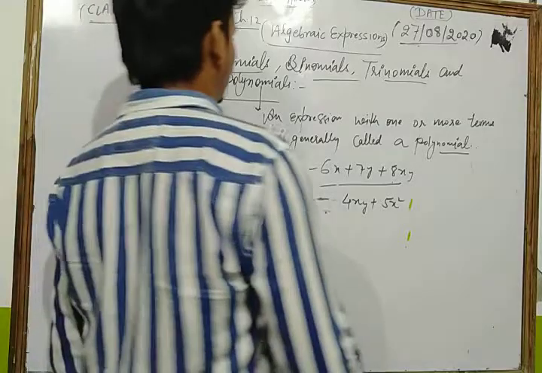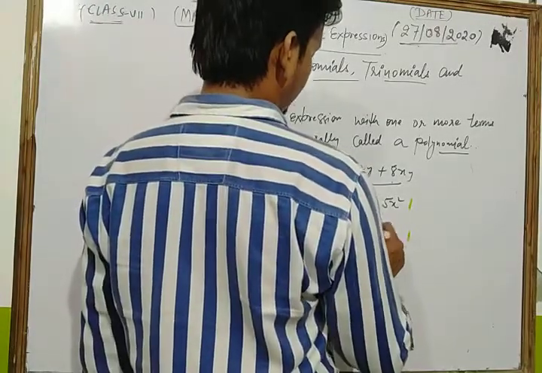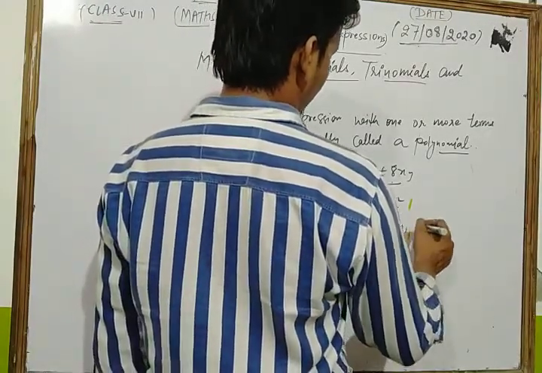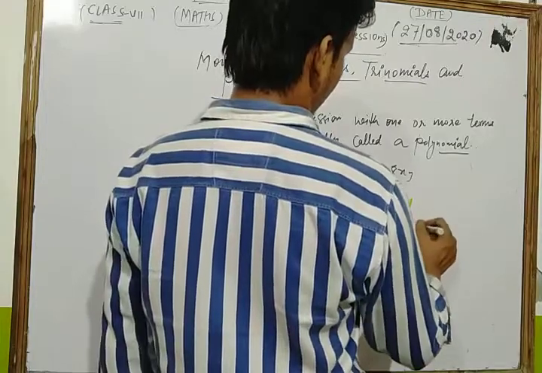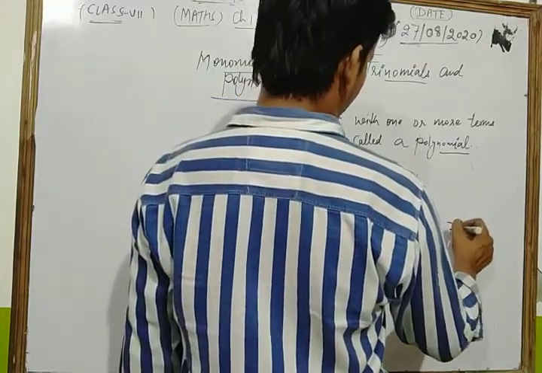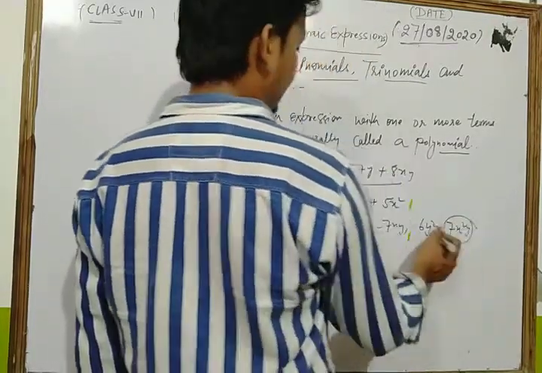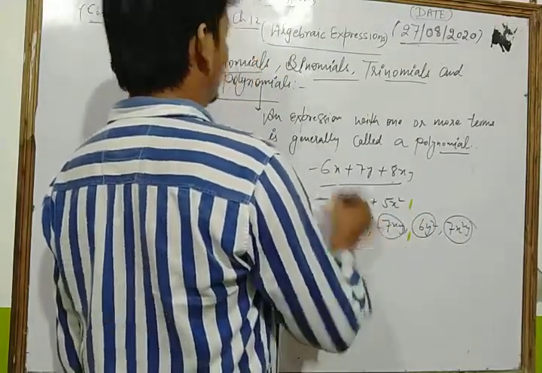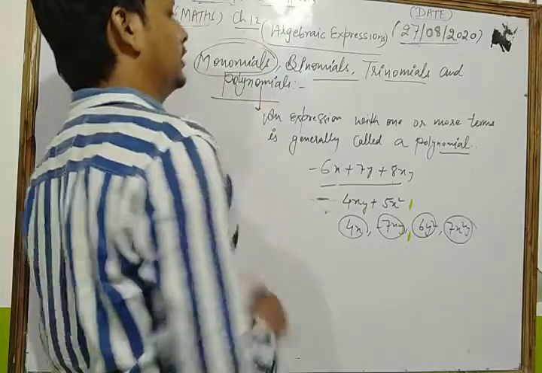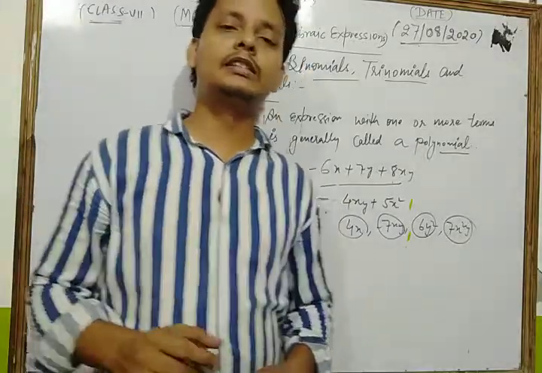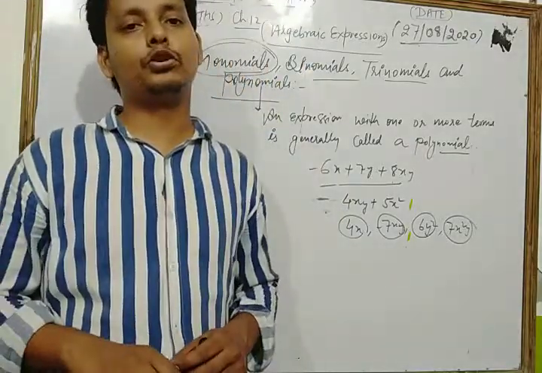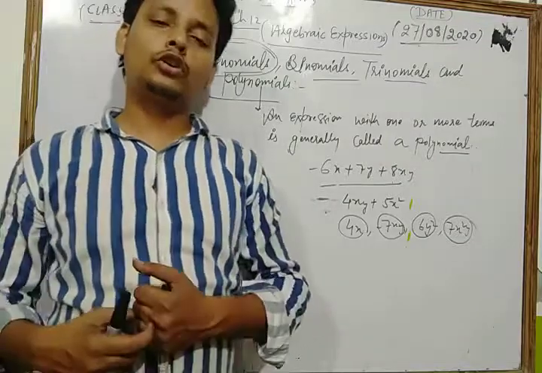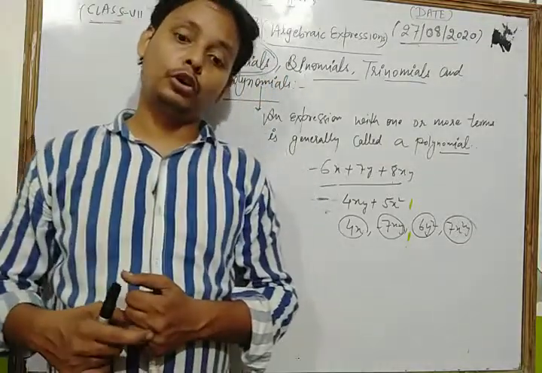If any expression like 4x, minus 7xy, 6y square or 7x square y contains only one term, it is said to be a monomial. So dear student, this is the concept of monomial, binomial, trinomial and polynomial.